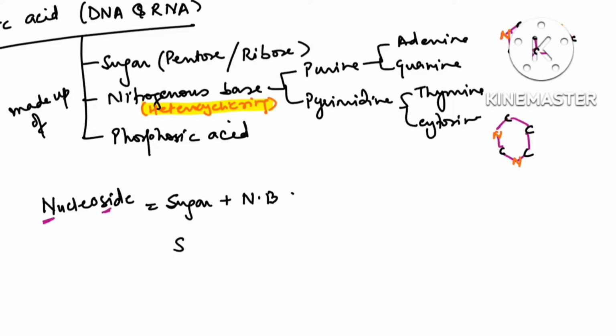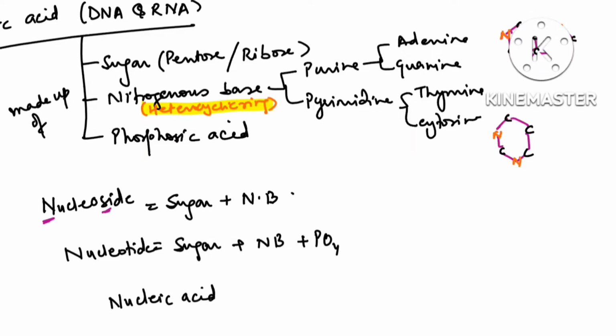Now when sugar plus nitrogenous base plus phosphoric acid, all 3 are there, then you call it a nucleotide. And nucleic acid is a polymer of nucleotide.